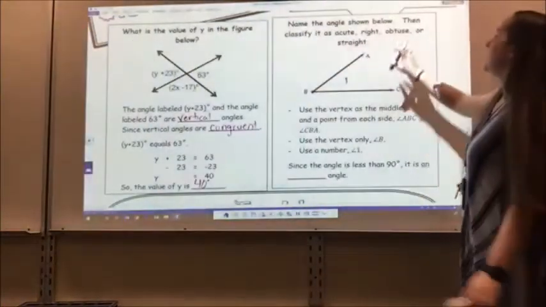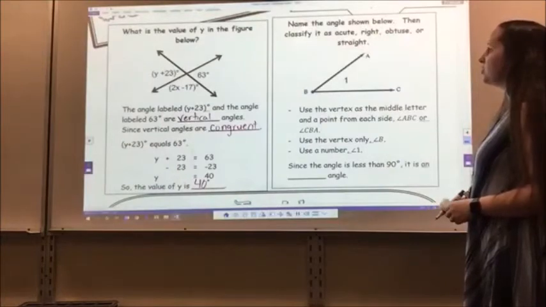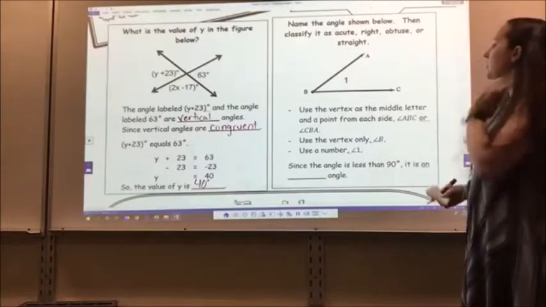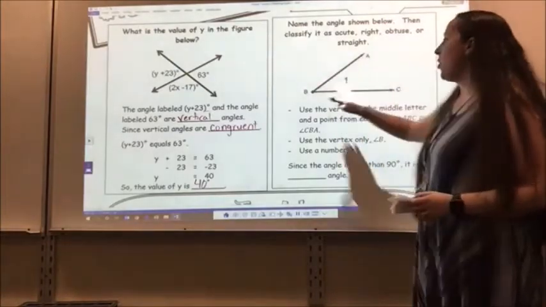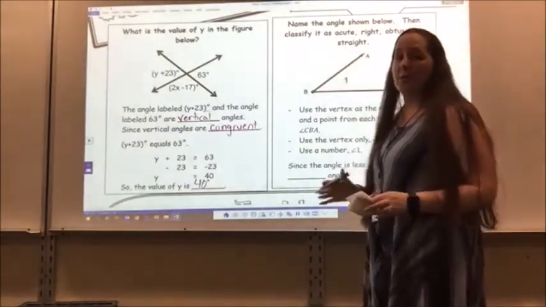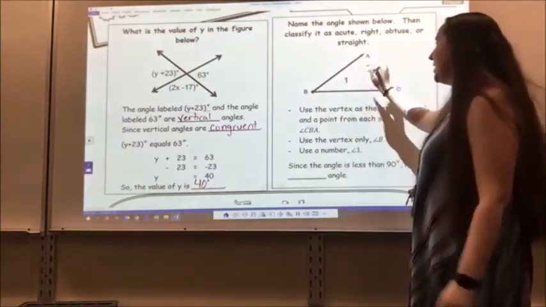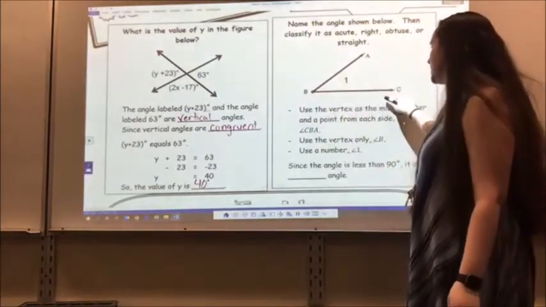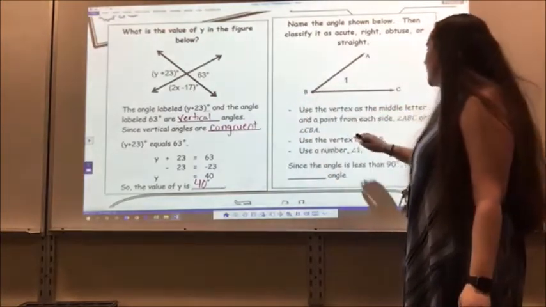All right, name the angles shown below and classify them as acute, right, obtuse, or straight. So I can see this angle right here. You can label an angle 4 different ways, and that's what you're going to be asked to do on your homework. So the first way I can label it is A, B, C. B is my vertex, it's always in the middle, okay? So that's my first one.